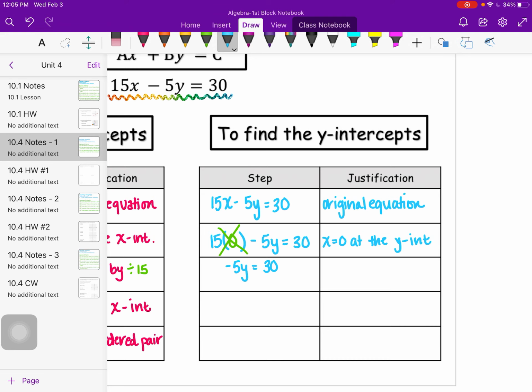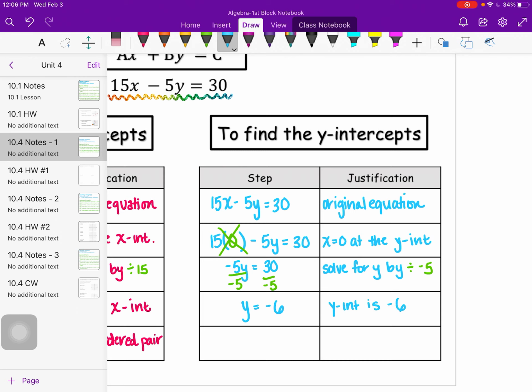We're going to solve for y by dividing by negative 5. That means that y is negative 6, which means our y-intercept is negative 6.